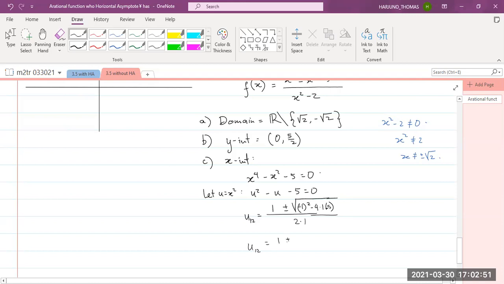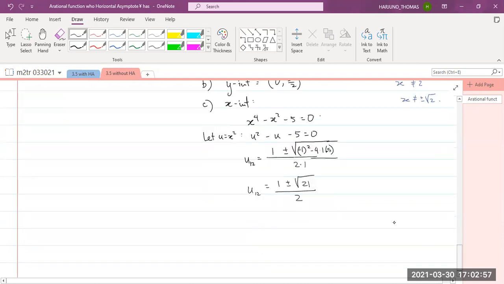That's 1 plus or minus the square root of 21, over 2. So u1 is the positive branch, and u2 is the negative branch. But that one is negative, so x squared equal to that has no real solution.